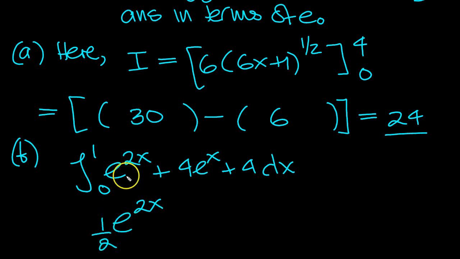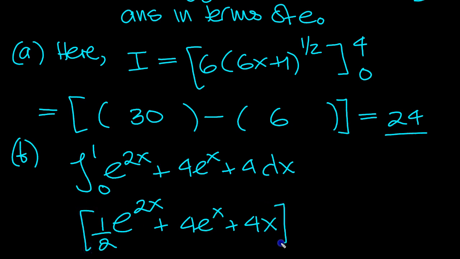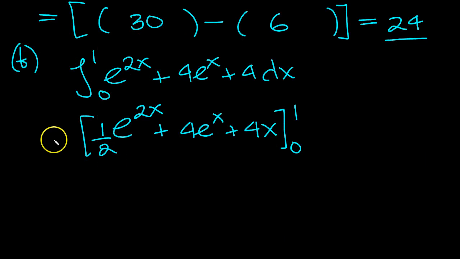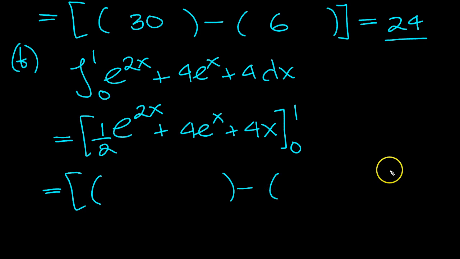E to the something differentiates to e to the something, multiplied by the something differentiated, which is 2. So we put a half there to counterbalance that, plus 4e to the x, plus 4x. E to the x integrates to e to the x. And we're going to evaluate that between 0 and 1. So this is equal to top value, take bottom value.